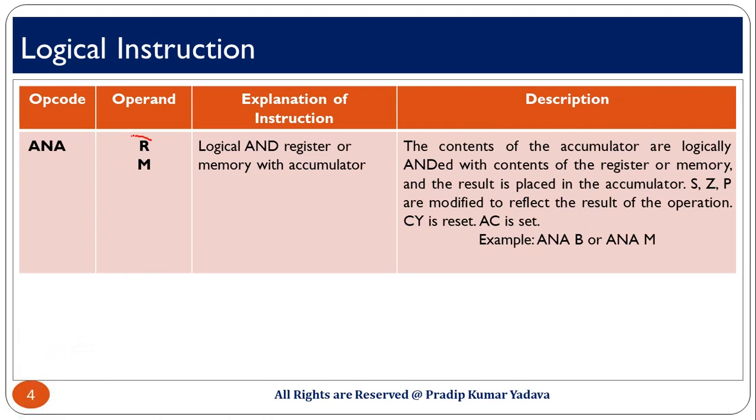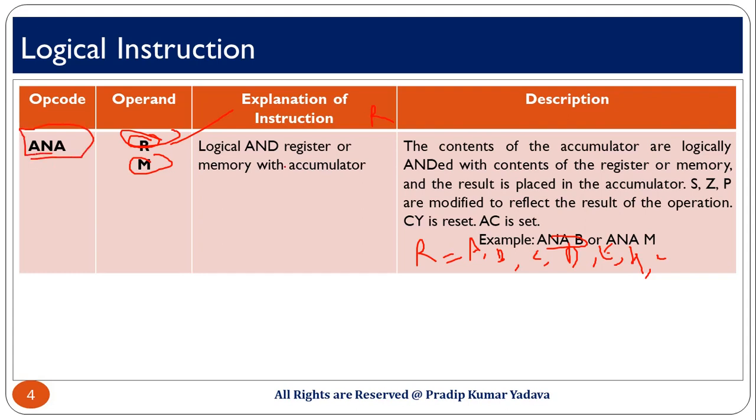So, here R represents register, M represents memory. The value of R can be A, B, C, D, E, H and L. In my first lecture of microprocessor, I have already discussed this. So, basically the meaning of R is register, and the standard format can be, suppose, ANA A and ANA B.